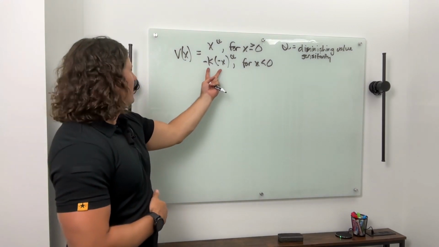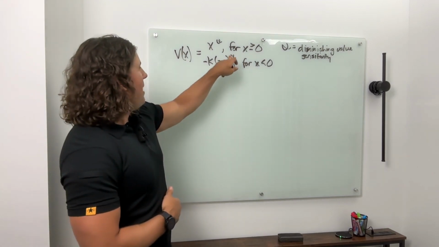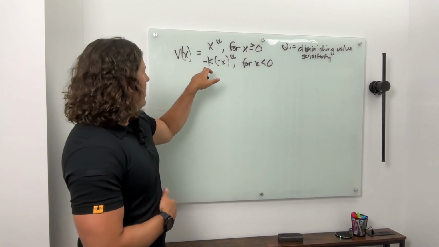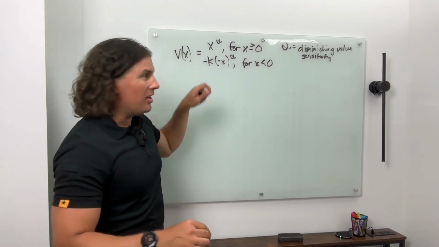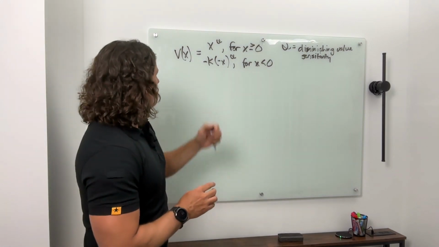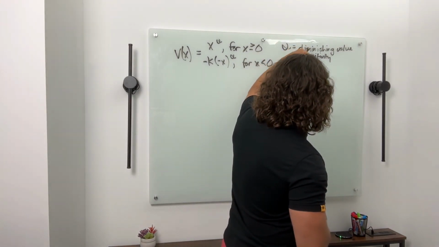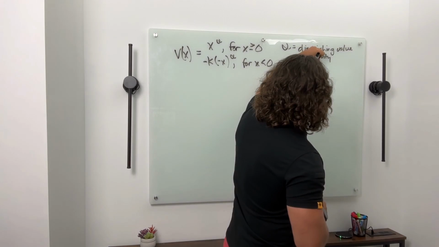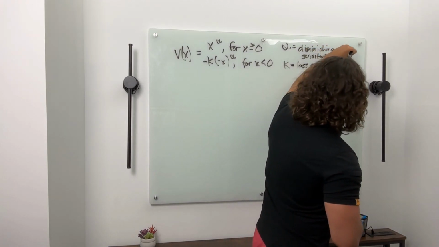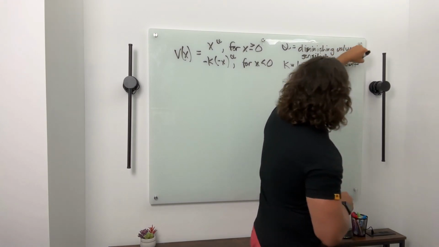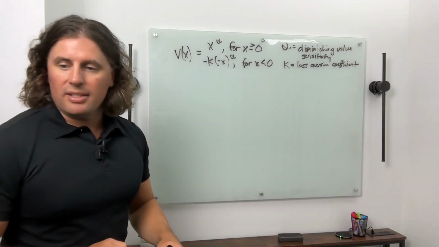And just because we have these two negatives, it makes it so we can actually do the math here with this alpha, and then also to make the net output negative in our value function. So if we follow these rules, we're going to use K as our loss aversion coefficient. Now we've got what we need to roll as soon as we put the assumptions in.